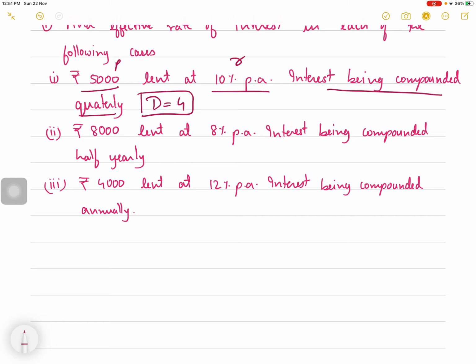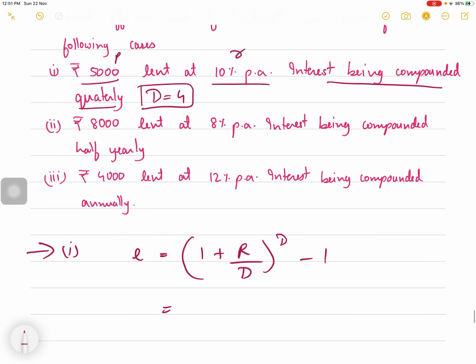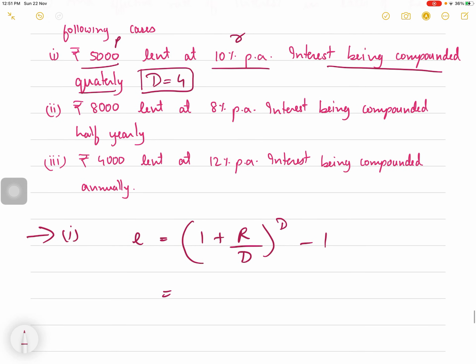So let's solve the first part. E is equal to 1 plus r by d, the whole raised to d, minus 1. So 1 plus r, R is 10%, so 0.10, the whole upon d, D is 4, minus 1.